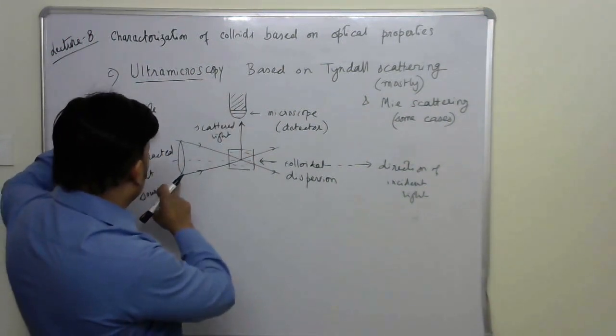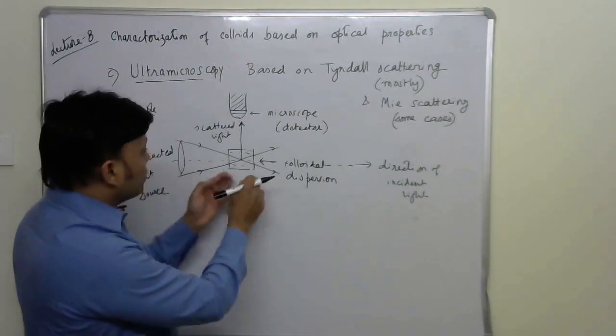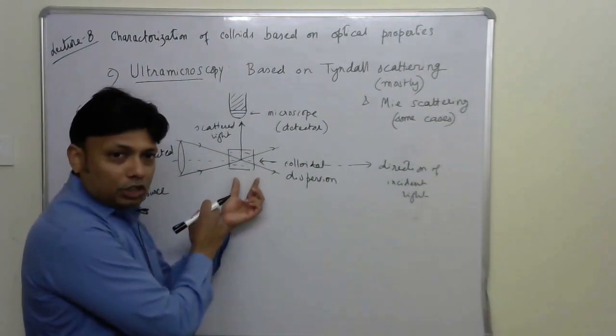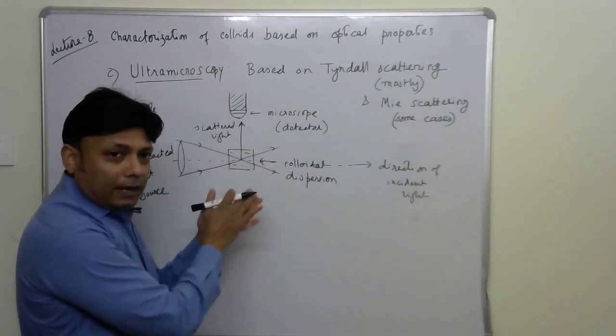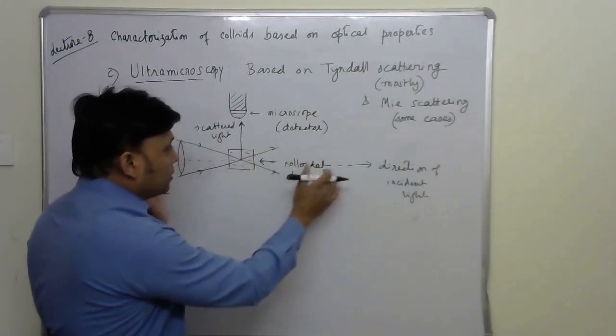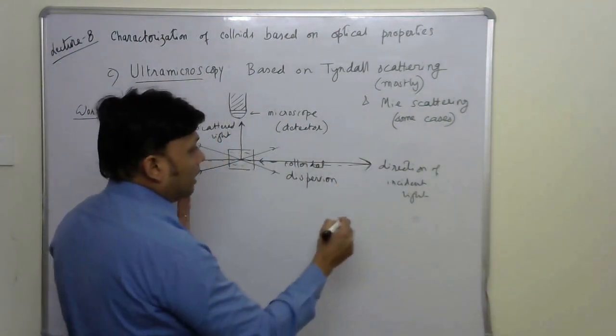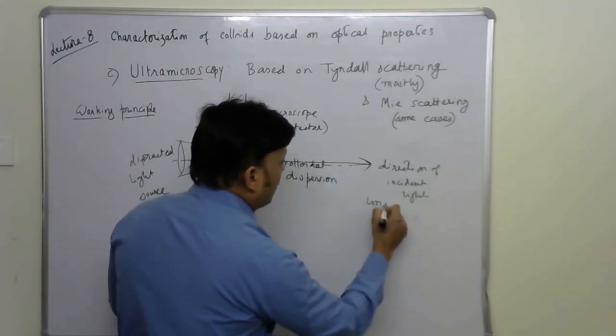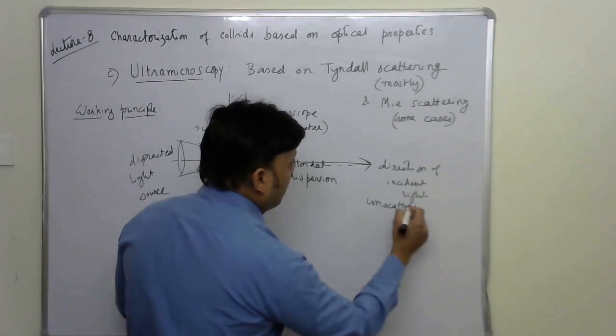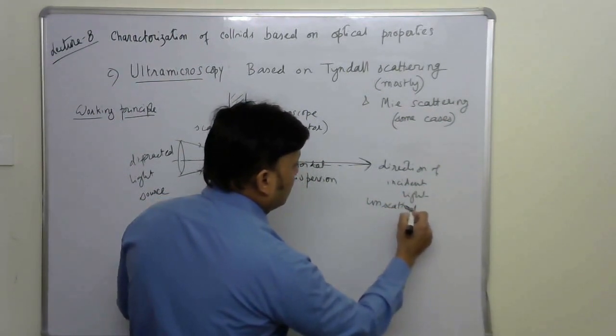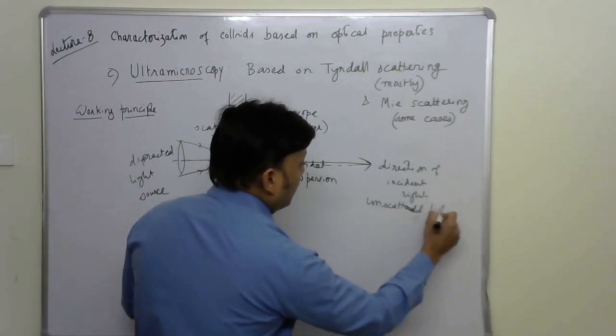Once the light source is focused on the sample chamber, if it is not scattered, the light goes as it is. This is the direction of the incident light, that means also the path of the unscattered light.